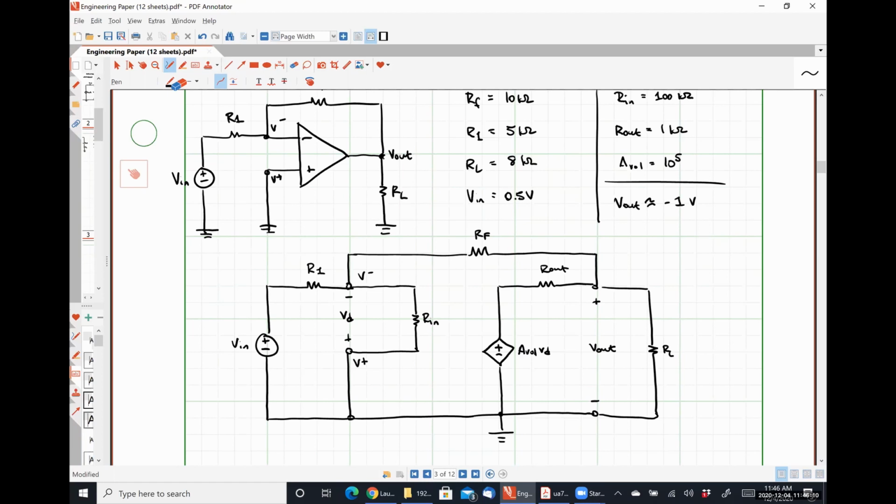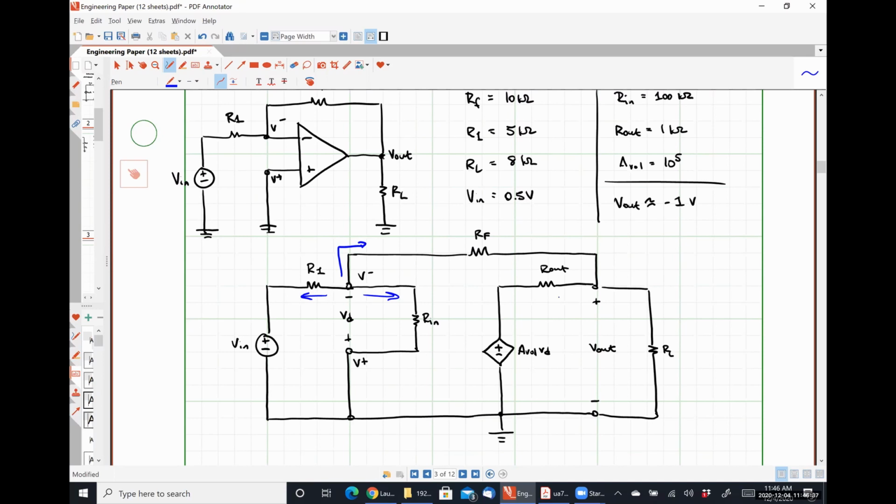So we have, let's see, we're going to do it at this node, which will give us one equation. We know what the voltage present at the non-inverting input terminal is. It's ground, so we don't need to do one there.